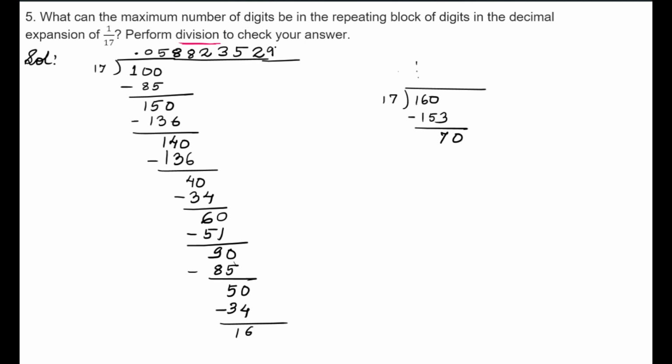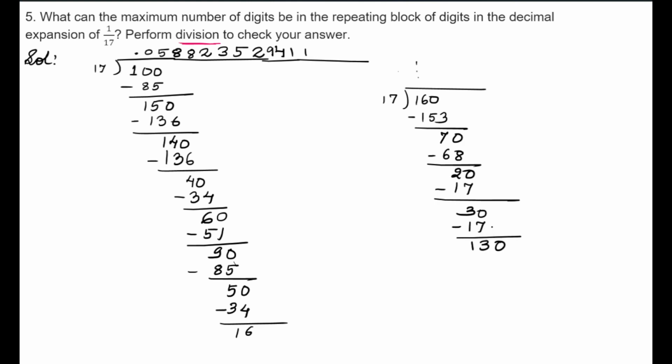Again a 0, put a 4, get here 68, get a 2, 0, 1 time 17 minus 3. Okay, put a 0, 1 time 17, you get here 13.